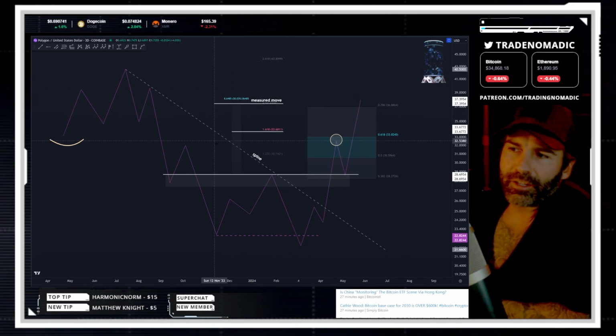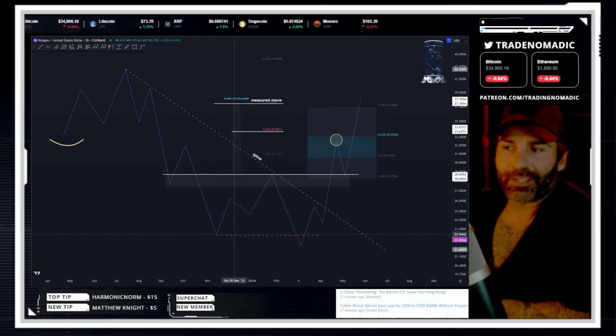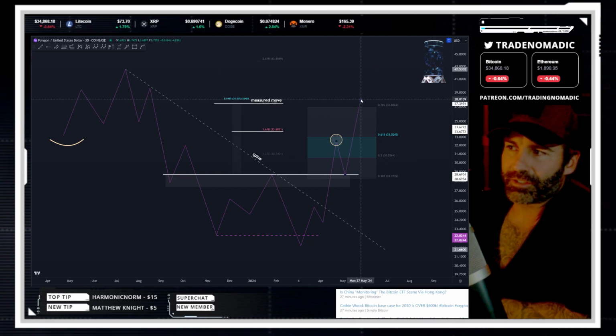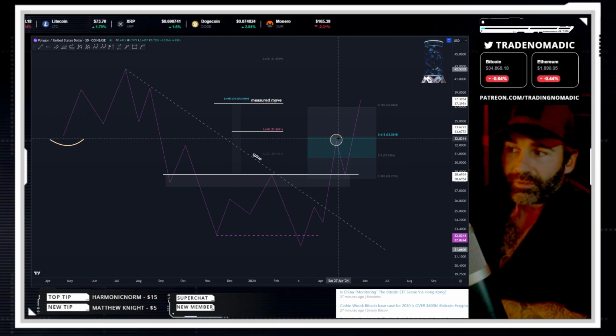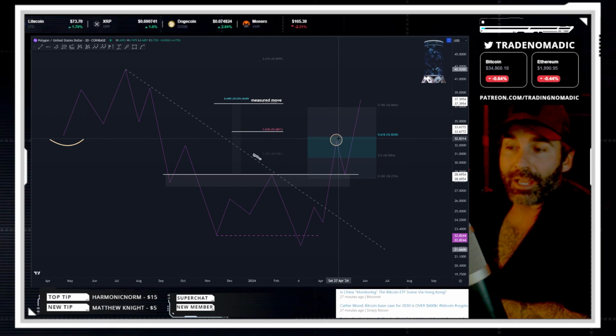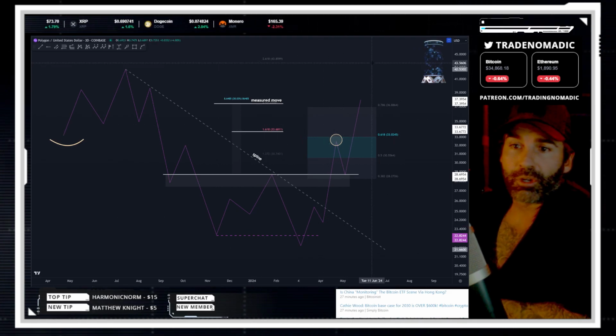Depending on the context, a lot of the times these dragons, if they go past the 618, that's often a level that either ends the dragon or it really just goes nuts after that.